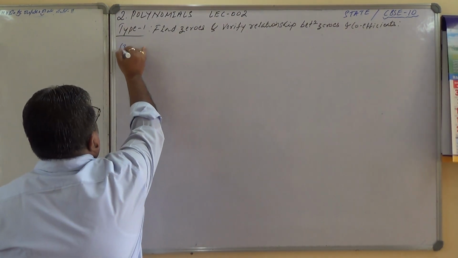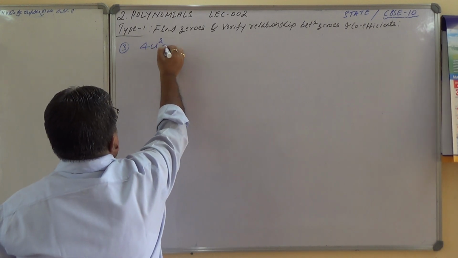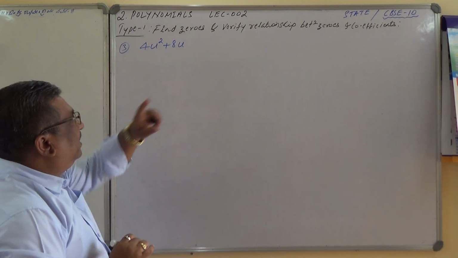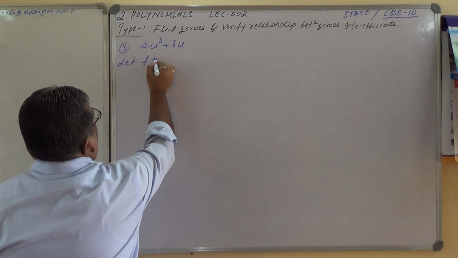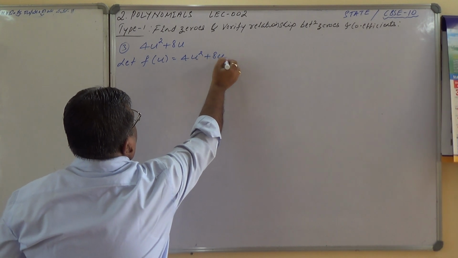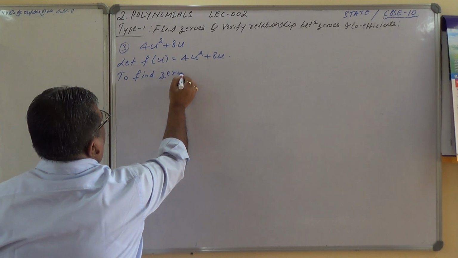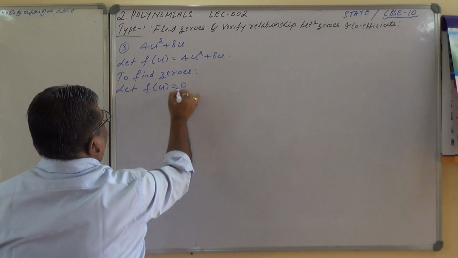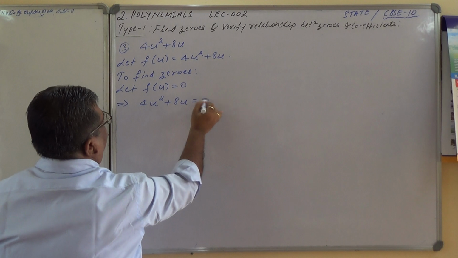Third one, given is 4u square plus 8u. We have to find out the roots here and verify the relationship between zeros and coefficients. Let f of u equals 4u square plus 8u. To find zeros, let f of u equals 0, implies 4u square plus 8u equals 0.